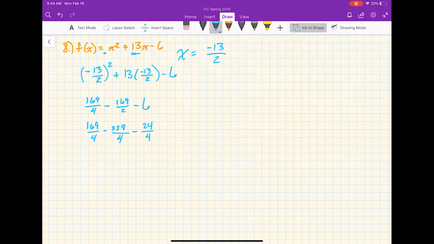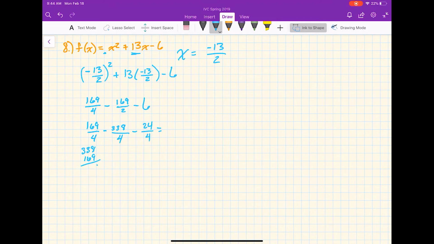So 169 minus 338, let's reverse those, I can't do this in my head. Go the long subtraction method here.